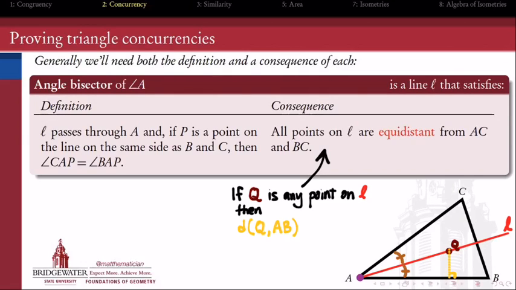Then that distance, and the distance from Q to the other adjacent side, AC, are equal.